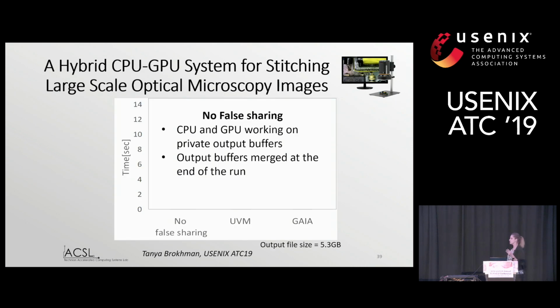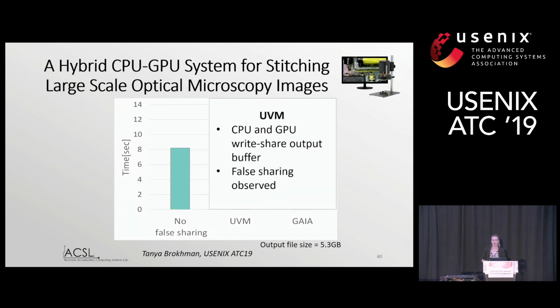So we compare 3 different implementations. In the first one, we have the CPU and the GPU, each working on a private buffer, and we merge the result at the end. Next, we implement this with UVM, unified virtual memory, in which the CPU and the GPU write-share the output buffer.